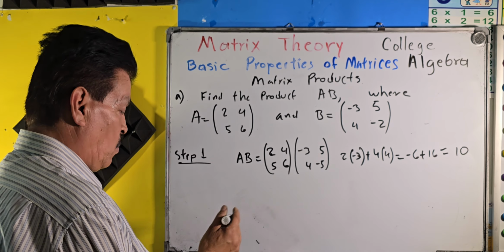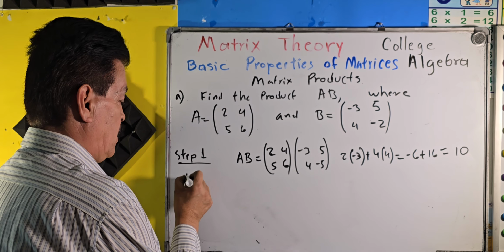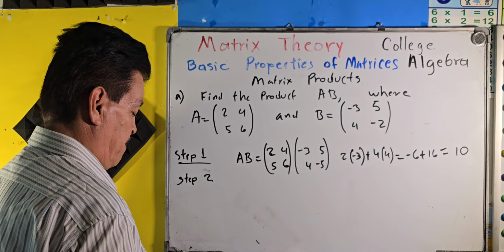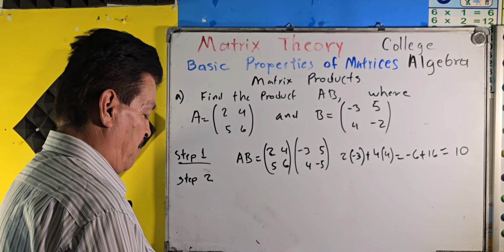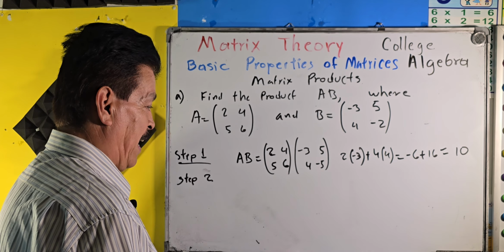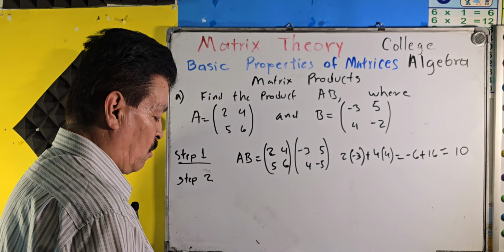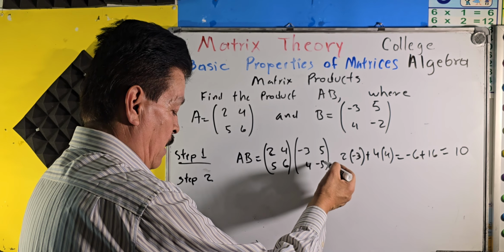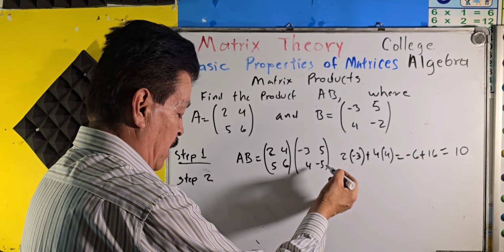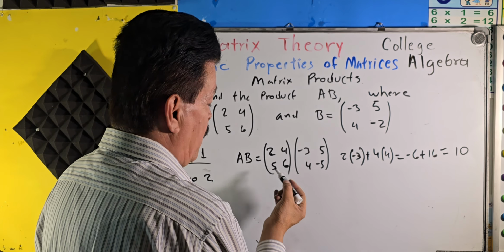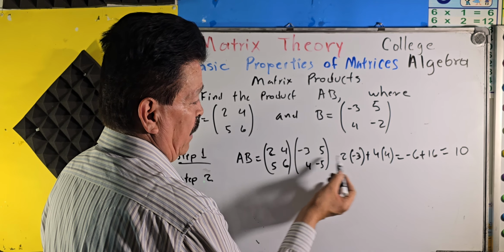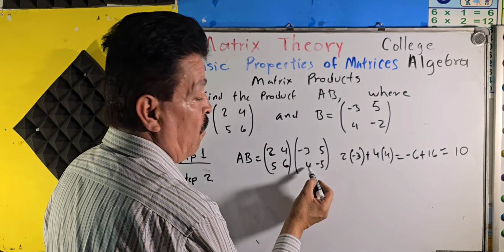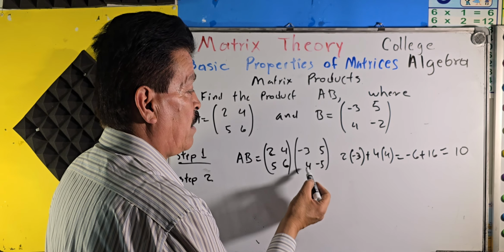Step two: multiply the elements of the first row of A and the second column of B for the second entry of the product matrix. The first one was 2 times negative 3, 4 times 4.